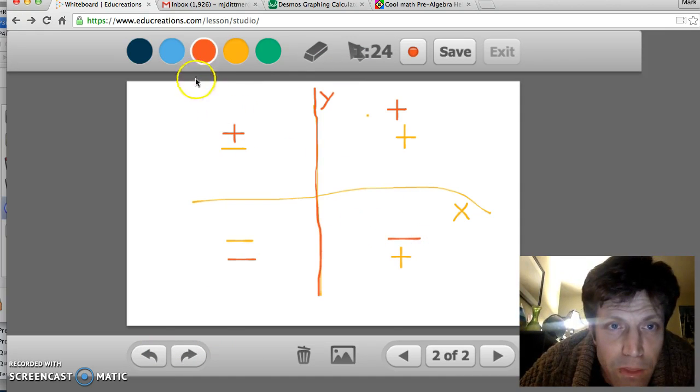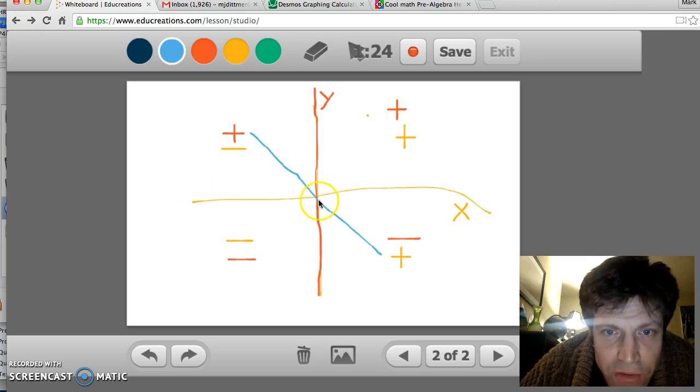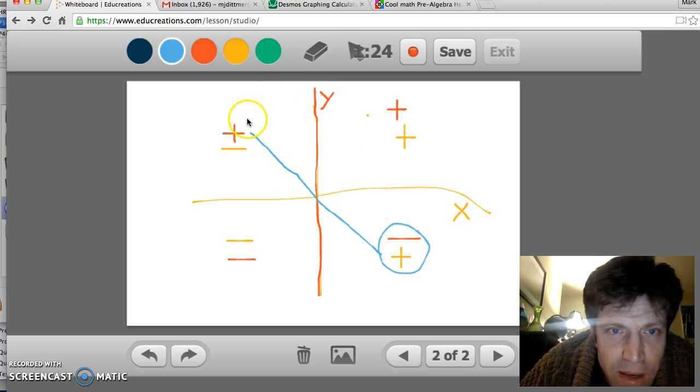Well, this makes for a negative slope going in these directions, because only a negative slope could change positive x to negative y and negative x to positive y. It takes a negative to change a sign.